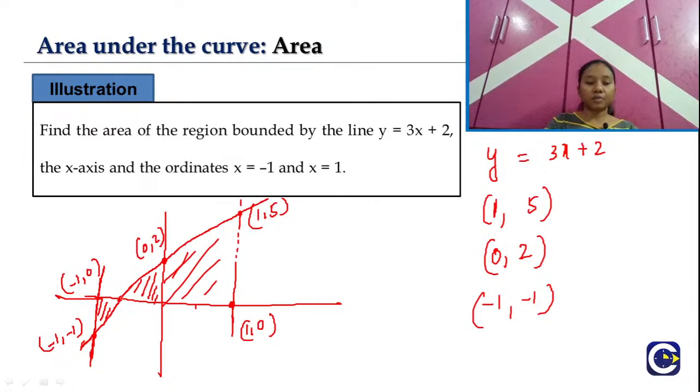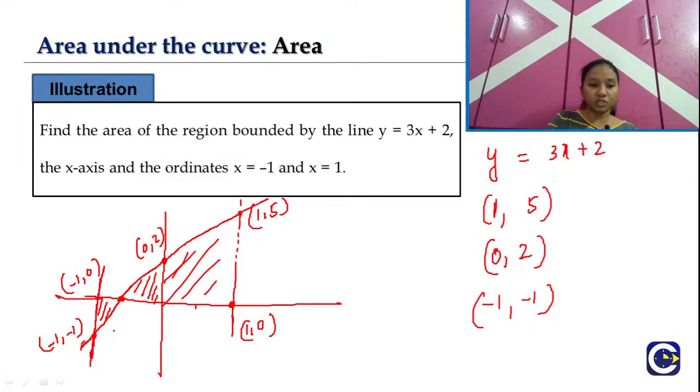If we could find this intersection point, the point of the x-axis and this line, we could get the answer. That means here x is 0. Right. So what will be the corresponding value? It will be meeting our x-axis when y is 0. So when y is 0, this will be -2/3.